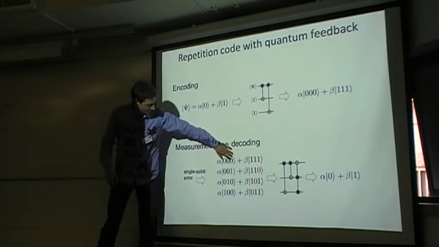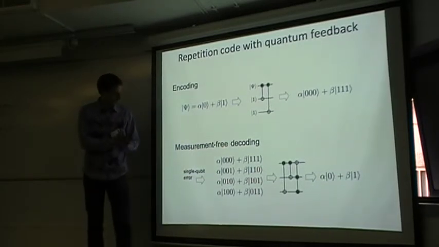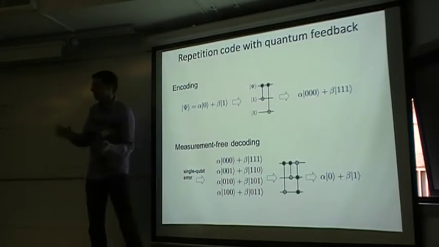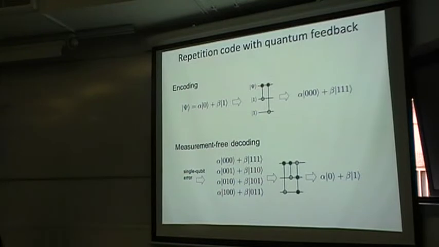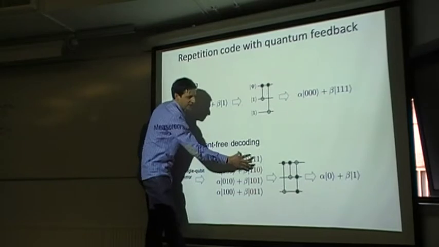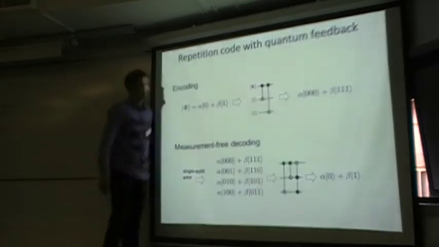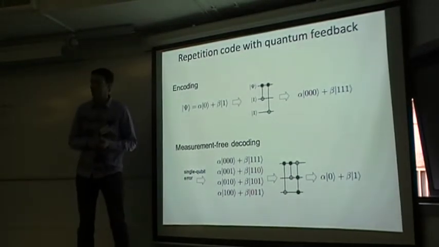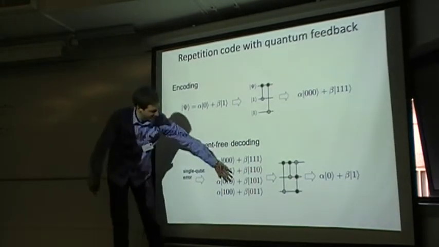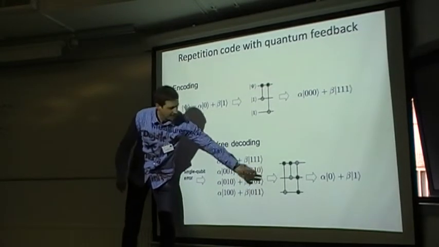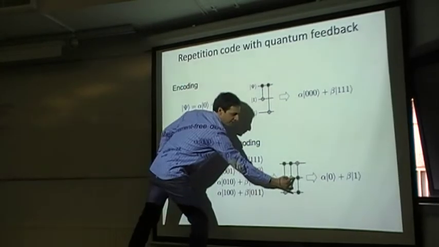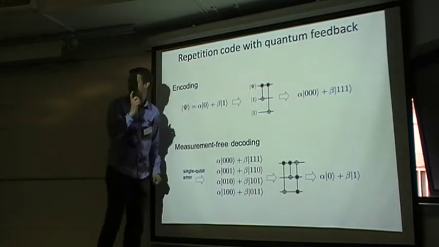And using now the majority vote, so to say, you can also say which one has flipped without destroying the information. So you just do these 2 CNOT operations that give you on these 2 qubits the information which of these ions has flipped. For example, if the first one has flipped, then doing these 2 CNOT operations will result in 1-1 in the 2 auxiliary qubits. And this information 1-1 tells you now the first ion has flipped.